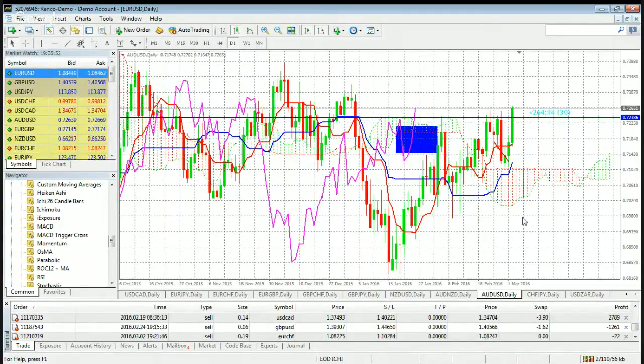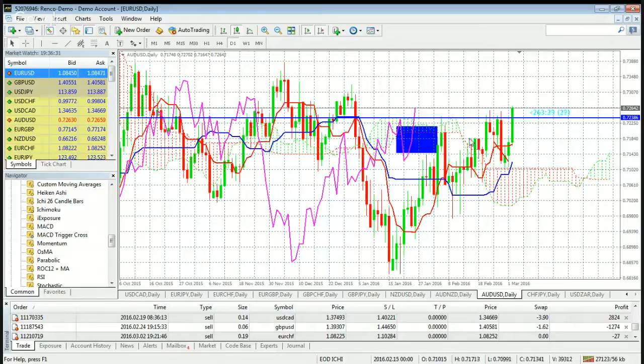This is the Australian dollar versus US dollar. What have we got here? This is almost virtually similar to the previous example.